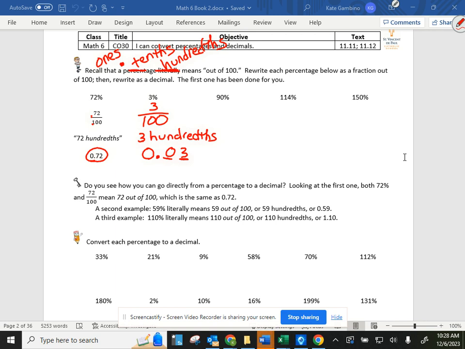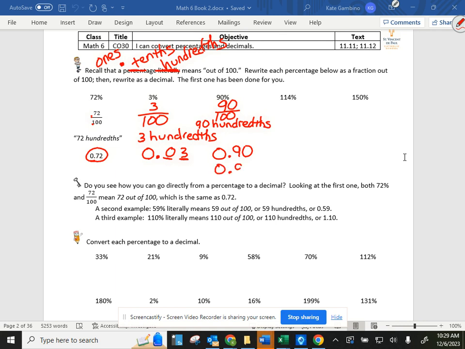Okay. So now we have 90%. How do I write 90% as a fraction? 90 over 100. So we call that 90 hundredths. How do I write 90 hundredths as a decimal, Melanie? 0.90. Now some of us might say, do I need that zero there?